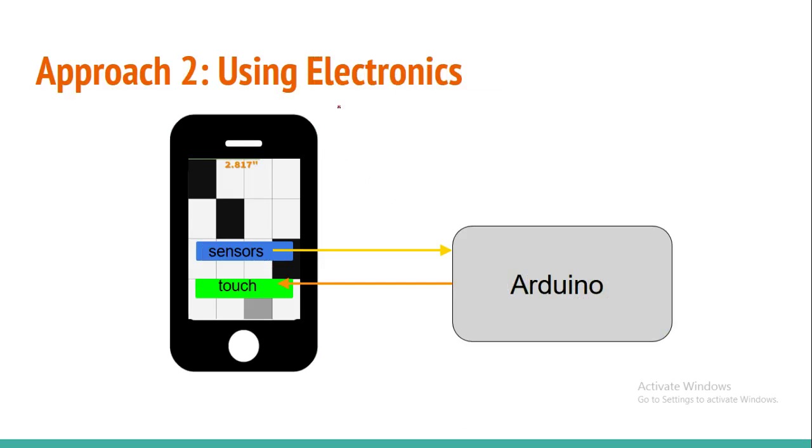Another approach is using electronics. So this is the game Piano Tiles that I was talking about. The tiles keep falling down from the top of the screen, and you have to press the tiles as fast as possible. So what we do is use light sensors here, and because there are 4 series of tiles that are coming down, you have 4 discrete sensors here.